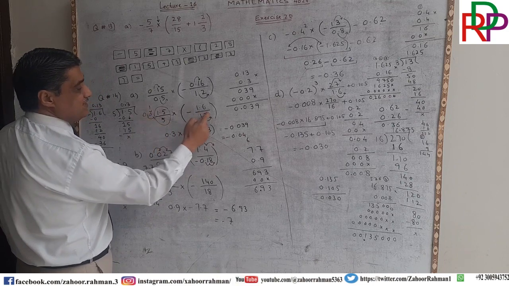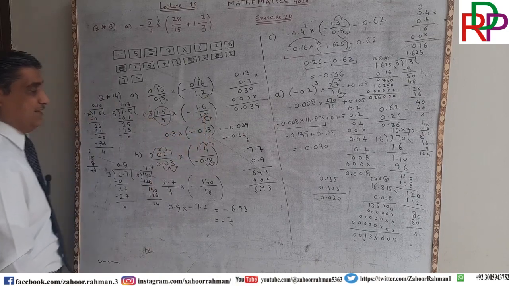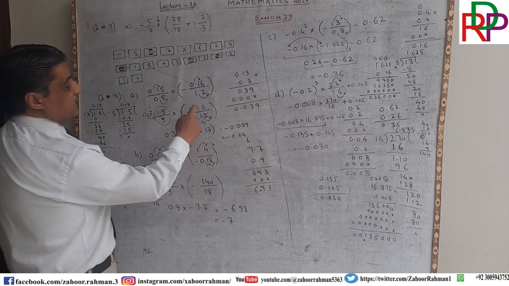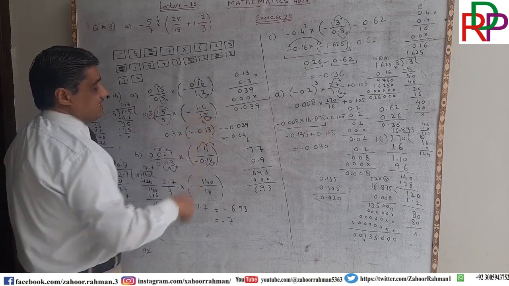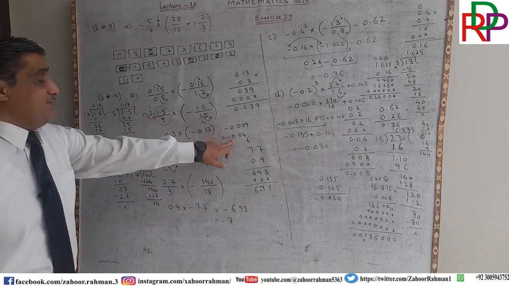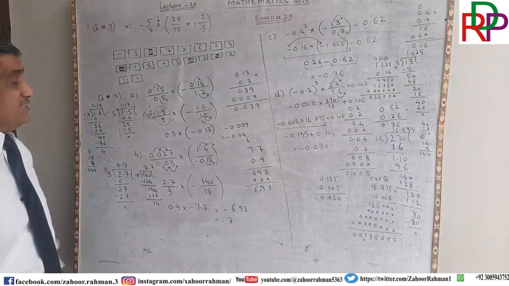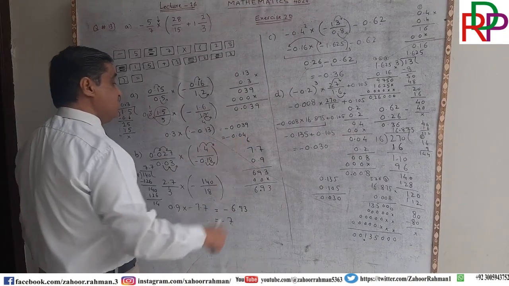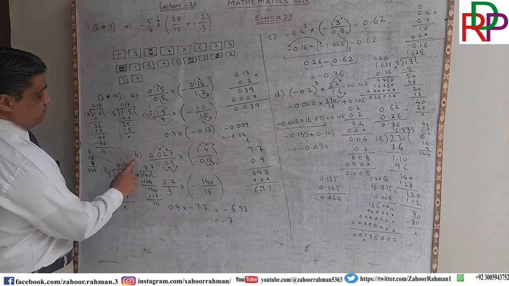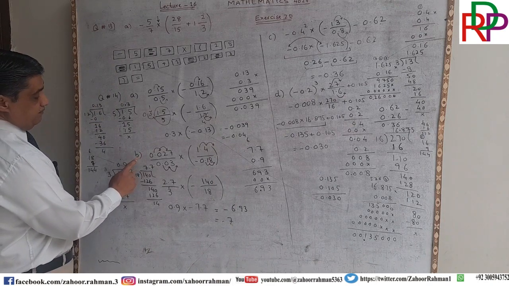Then 3 ones are 3 and 3 fours are 12. So when we divide this 1.6 by 4, you will get minus 0.04 as the answer.